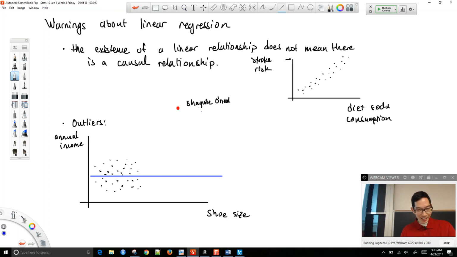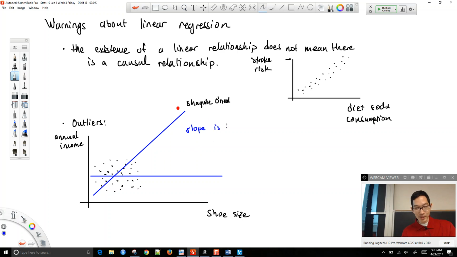And then linear regression will try to accommodate this, and probably the line will now go something like this. Now you have this definite relationship, a large slope seeming to indicate that as shoe size increases, the slope would tell us that if we add 1 to shoe size, your expected annual income goes up by this amount.